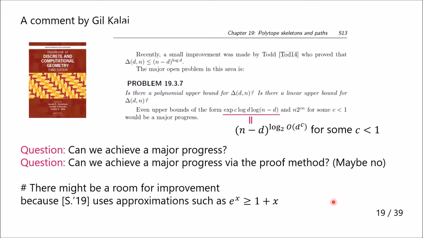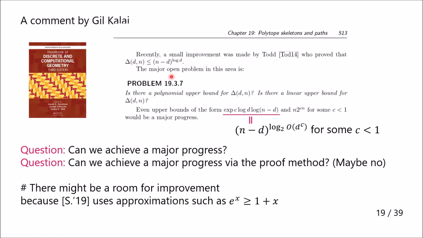Here is a comment by Gil Kalai in the Handbook of Discrete and Computational Geometry. He mentions Todd's bound here: recently, a small improvement was made by Todd, who proved this. This is the statement.